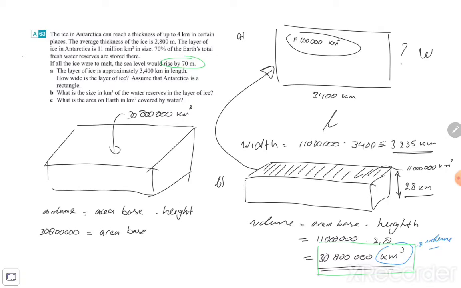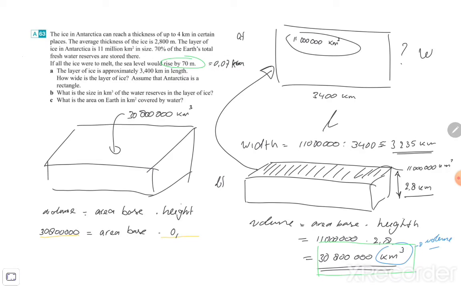The height is 70 meters, but because we use the volume in cubic kilometers, we need to use the height in kilometers. So 70 meters is exactly the same as 0.07 kilometers. So divided by 1,000.